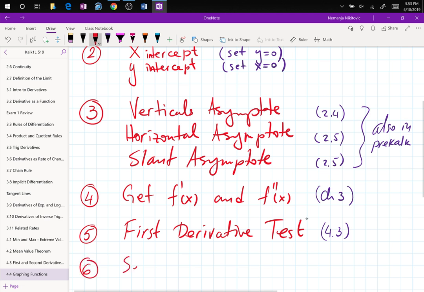Now please remember that for these, you have those long calculations and they give you min and they give you max and they give you increase, decrease, concavity, inflection points, right? So they're going to give you a lot of information for you to graph.